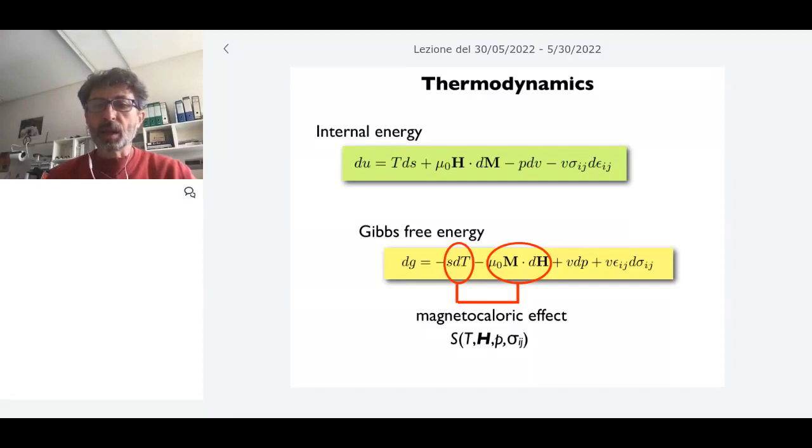What we will do now is not to go into the theory, but to make a review of the materials, because these effects can be small or large, but it depends very much on the kind of material. So what we will make is a sort of review where we define the effect, and then we look at materials that have these effects large and can possibly be used in certain applications.